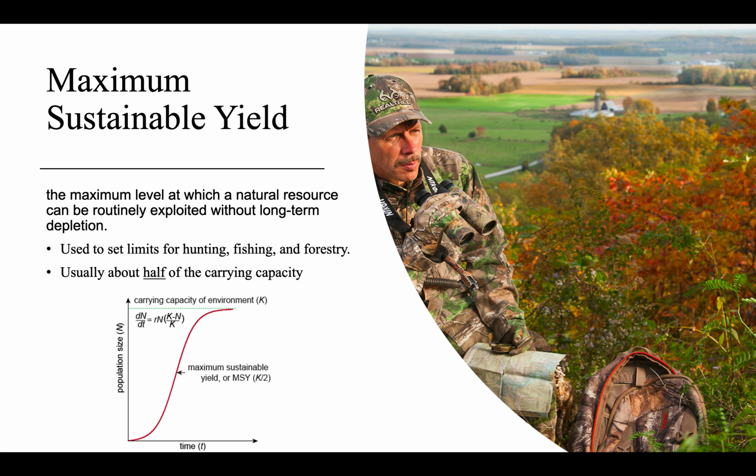If you remember, the carrying capacity is the total number of a population that an ecosystem can reasonably hold at a steady rate. So about half is the maximum sustainable yield. That's how fishing limits are set, and hunting limits, and forestry limits.